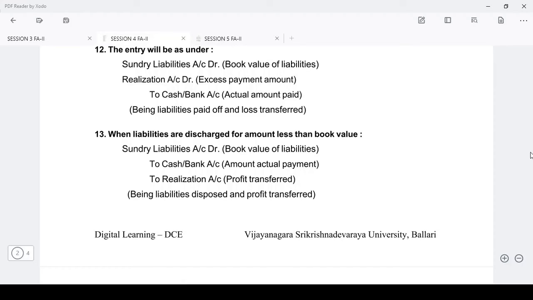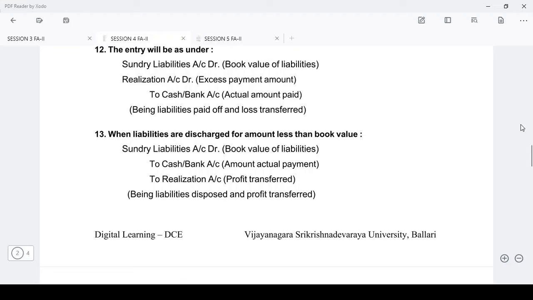So this is for when liabilities are discharged for less than the book value. I gave an example: the book value of creditors is 10,000 and creditors agreed to receive a payment of 9,000. We have done a settlement of creditors at 9,000 and we made a profit of 1,000. So that is an example.